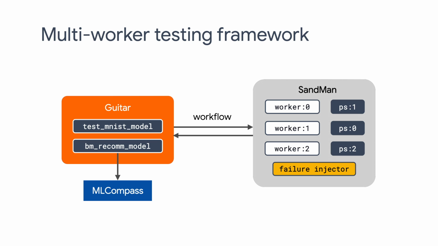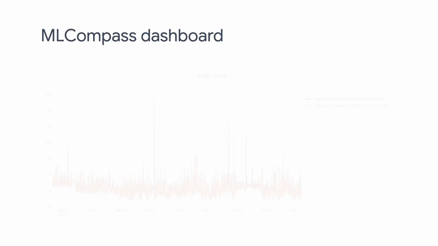We also run a job continuously to inject failures, which can simulate the Borg preemptions, so that we can ensure the fault tolerance mechanism is functioning properly. And finally, the coordinator reports the benchmark results to the MLCompass dashboard for us to visualize and monitor the results.